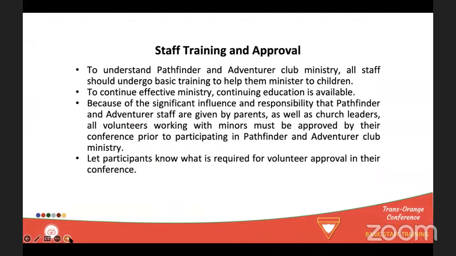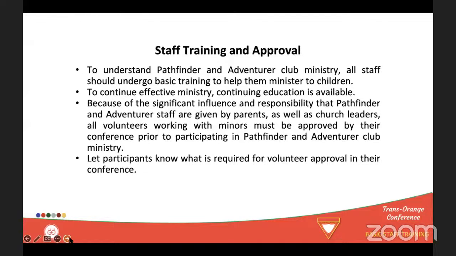Okay, we are going to talk about staff training and approval on this slide. And we know that we need to equip the leaders just as we are here to equip each other and to help each other. So the staff needs to be trained to understand Pathfinder and Adventurer Club ministry. All staff should undergo basic training to help them minister to children. To continue effective ministry, continuing education is available.